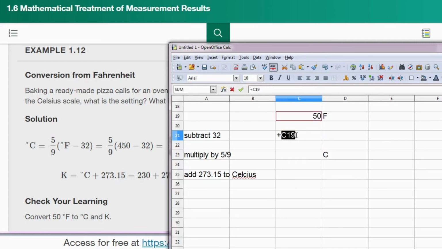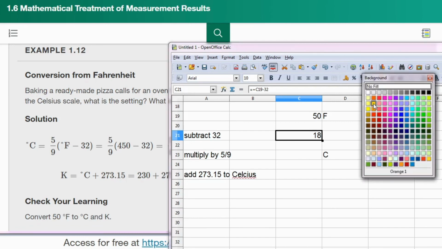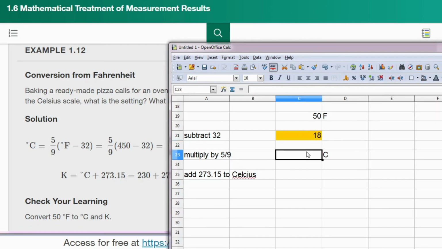On my spreadsheet I'll just do that, like that. Then I'll color the result, and multiply that result by 5/9.